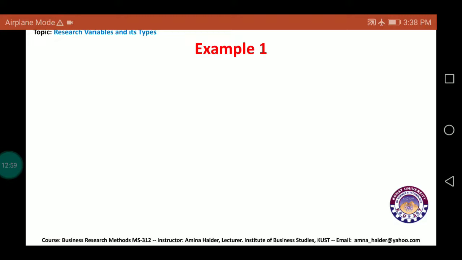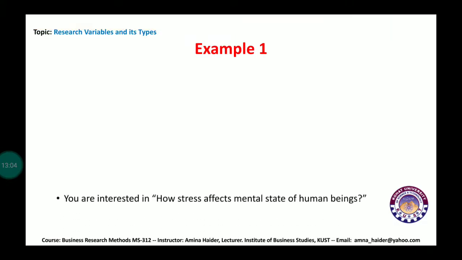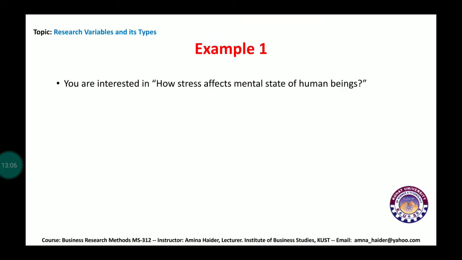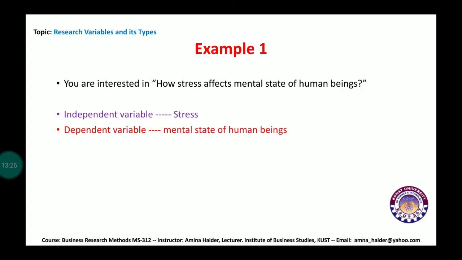Now we will go through a number of examples to understand this phenomenon. The statement is how stress affects the mental state of human beings. So it denotes that stress is a variable that is affecting the mental state of human beings. So the independent variable is stress and the dependent variable in this example is the mental state of human beings.